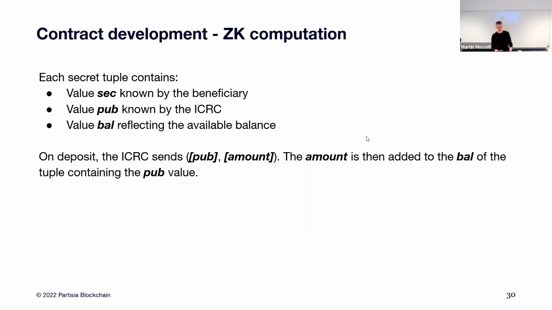So when the ICRC deposits, they input the public value and an amount. This amount is added to the balance of the tuple containing the public value. So it goes through all the tuples on the private part of the contract, then secretly adds the amount to the balance of the tuple containing the public value.